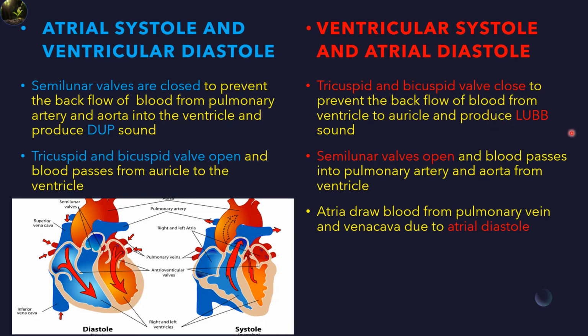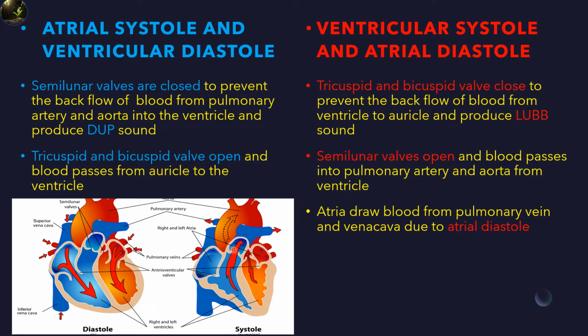That sound we call the lub sound. This is due to the closing of the tricuspid and bicuspid valves. Lub sound is due to closing of the tricuspid and bicuspid valves. Then the dub sound is due to closing of the semilunar valves, pulmonary semilunar valves and aortic semilunar valves.